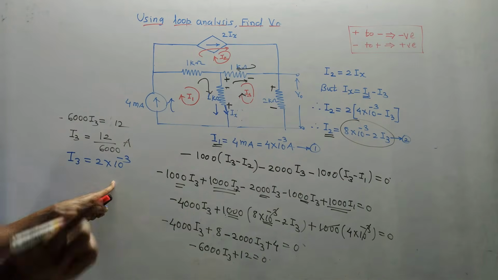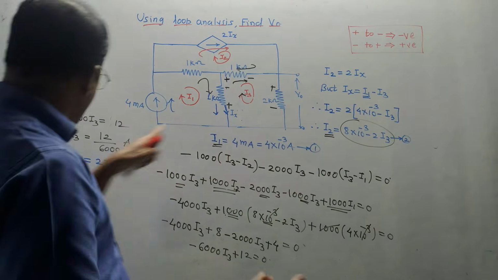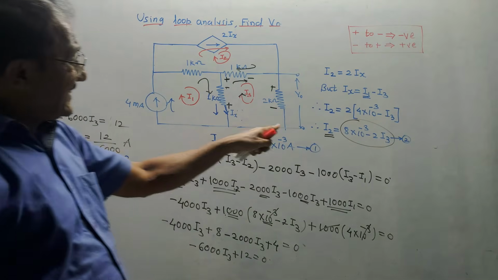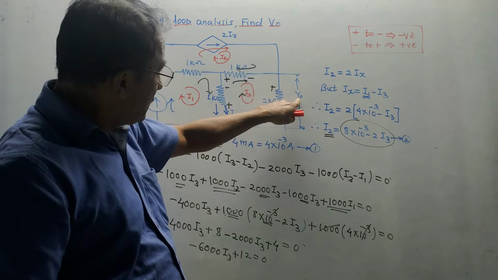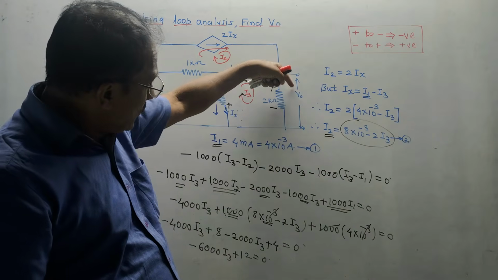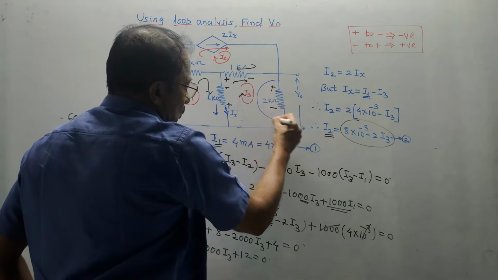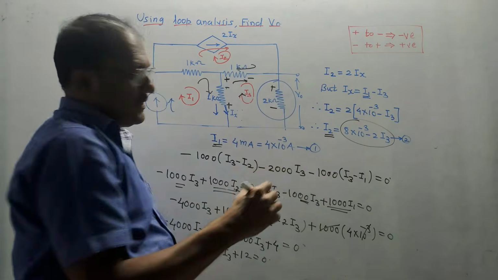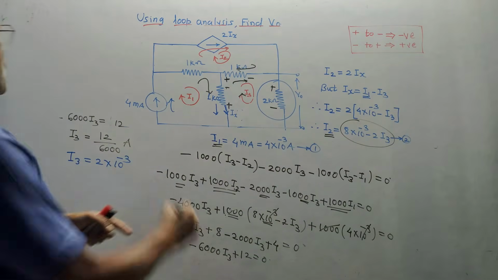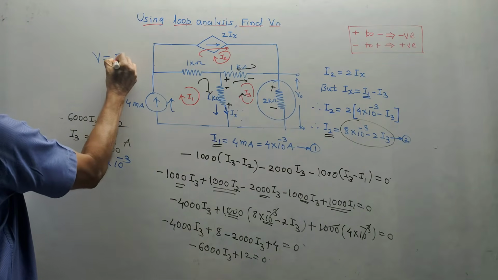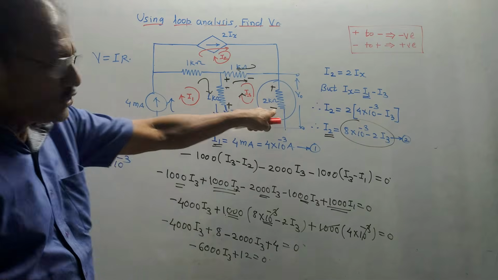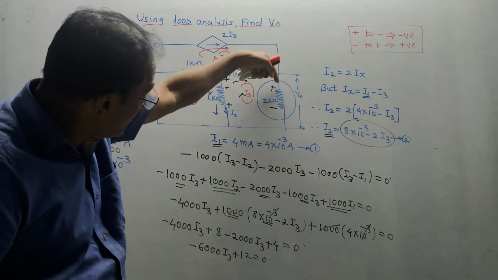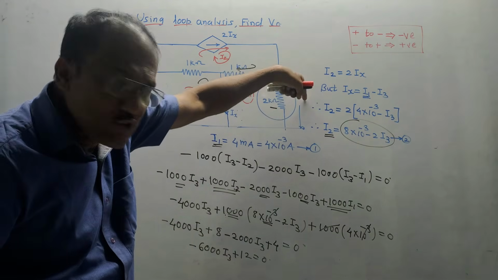We have got all the values, that is I1, I2 and I3. Now what is asked in the question? Calculate voltage V0. Voltage V0 is the voltage drop across the 2 kilo ohm resistance. So use the basic equation, V equals I into R. R is 2 kilo ohm. What is the current flowing through this branch across which V0 is connected?